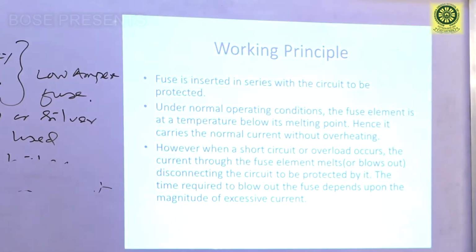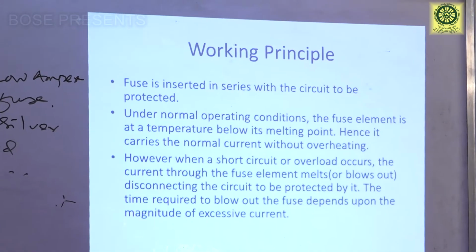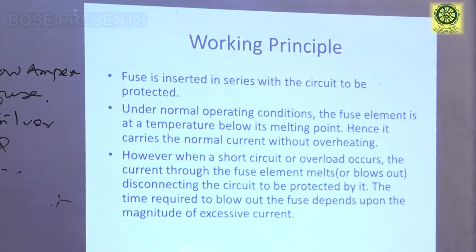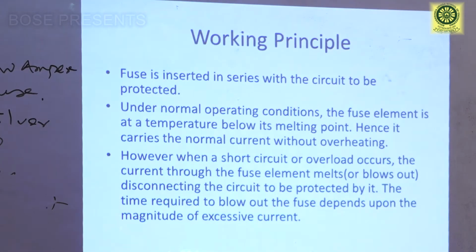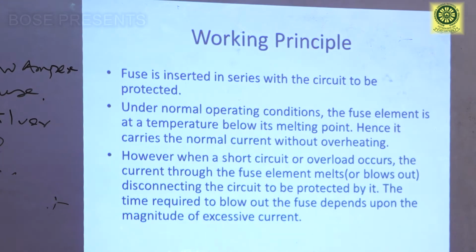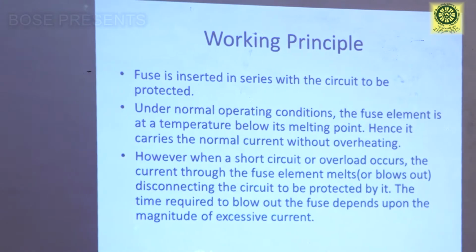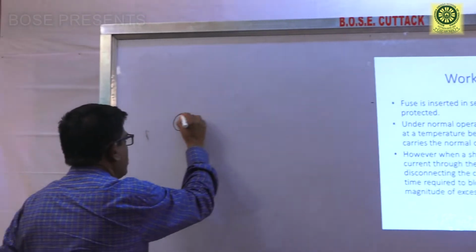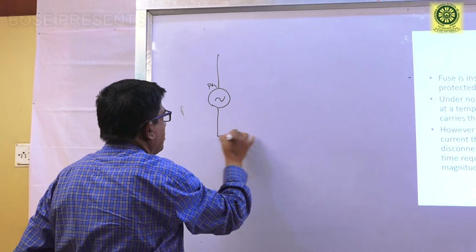Now I will discuss about the working principle, that is how a fuse works. Actually it is connected between the power supply and the load. Now I will show you how the fuse is connected. For example, this is your source, this is the phase, this is your load.